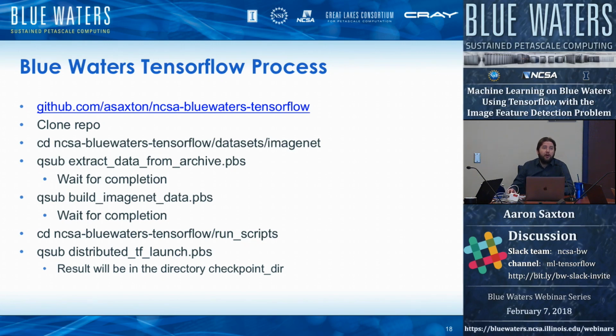The second tool I'm giving you guys is build ImageNet data. This is the thing that looks at the raw data and builds all the TF records. Wait for completion. Then go to run scripts in QSub, distributed TensorFlow PBS. This is the top of my stack to run distributed TensorFlow.